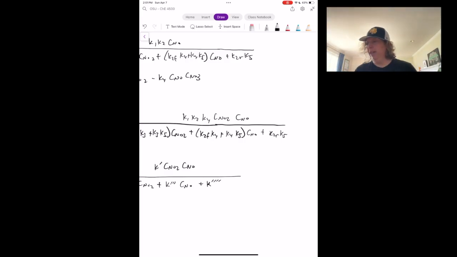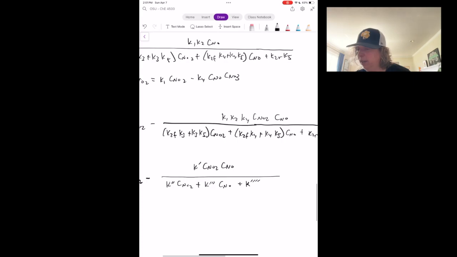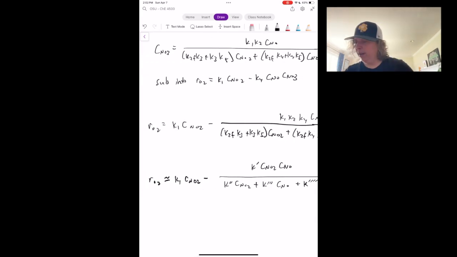So this gives me a simplified mechanism where I don't need to worry about each individual constant. I only need to worry about groups of constants. So here is a simplified mechanism solved algebraically using the pseudo-steady state hypothesis, and this right here is then the rate law that results.